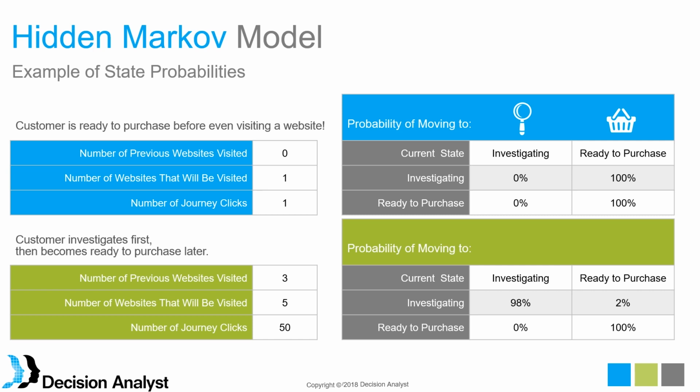In the second row, we have an example of someone who's taking a longer journey, and they're in the third website in this journey, and the number of websites total is 5. And they make a lot of clicks, 50, during this journey.